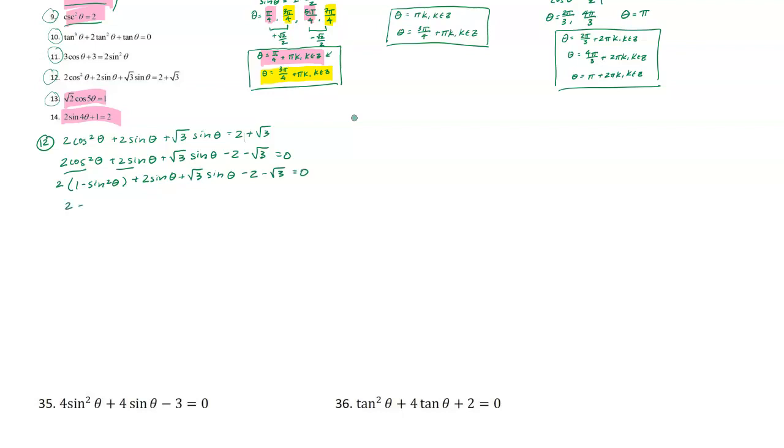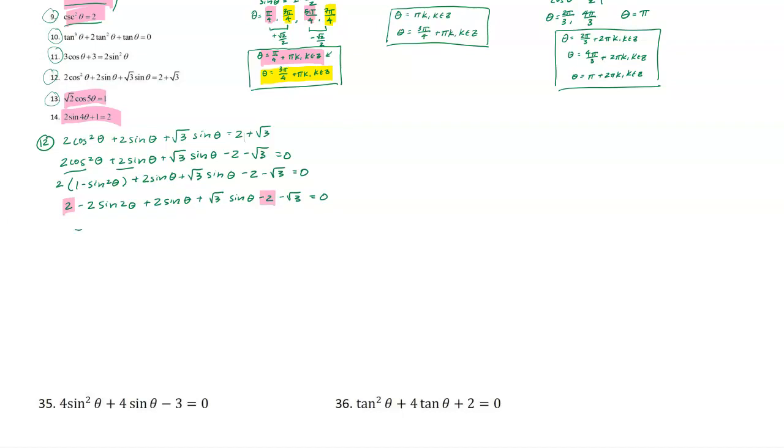So that's going to be 2 minus 2 sine square theta plus 2 sine of theta plus square root of 3 sine of theta minus 2 minus square root of 3 equals 0. We have a 2 here and a minus 2 that's going to cancel out.